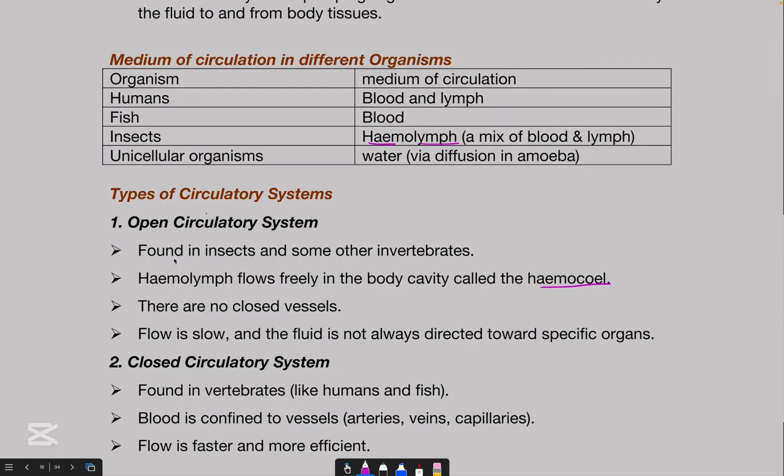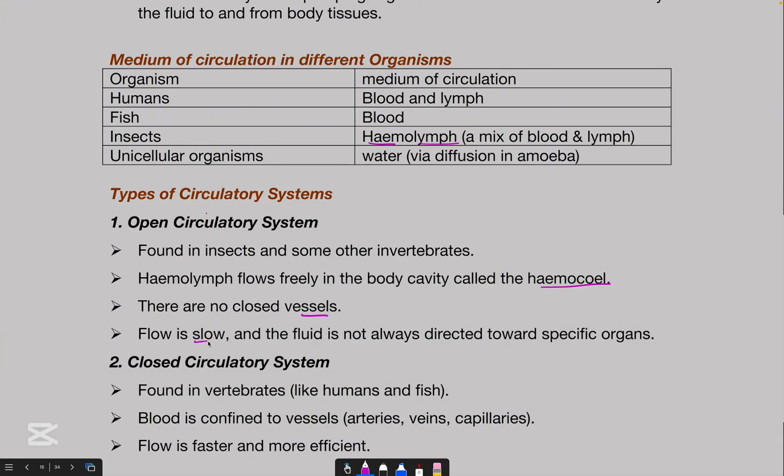Now, in the human body, until you puncture a blood vessel, you will not see blood. Is that okay? But for the open circulatory system, the hemolymph is free flowing. There's no closed vessel where the blood is passed, hence the name open circulatory system.